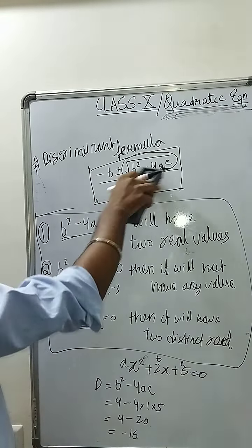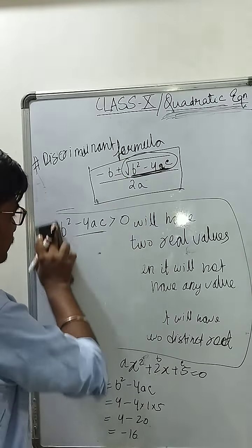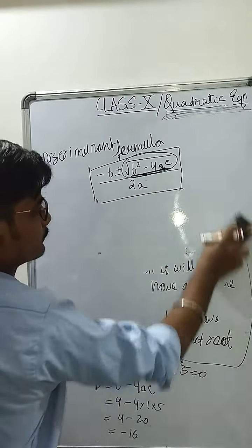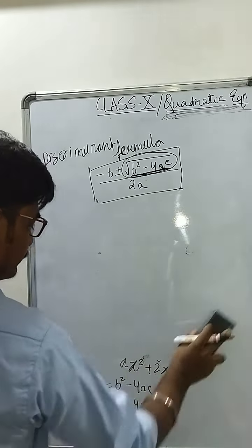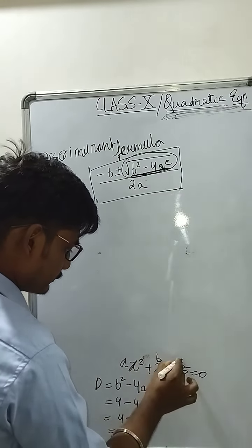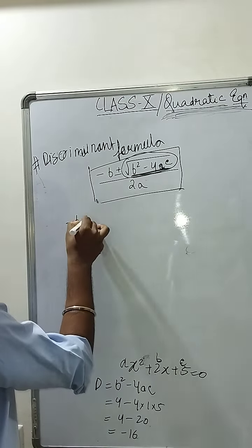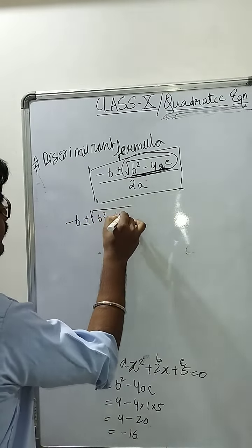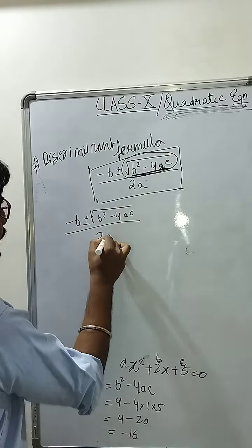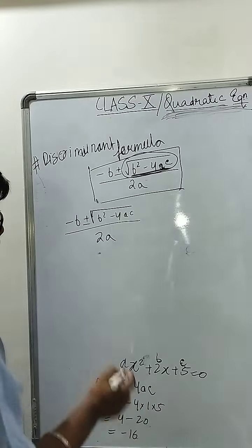So let's put in this formula minus b plus minus root over b square minus 4ac divided by 2a. So let's put in all the values of a, b and c.